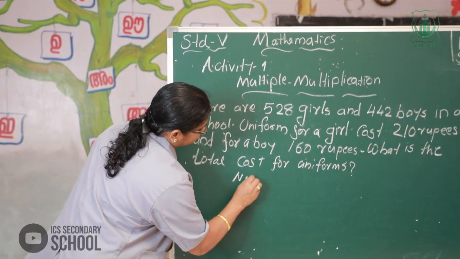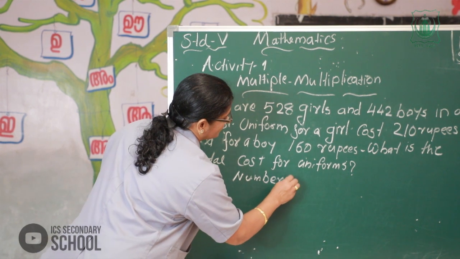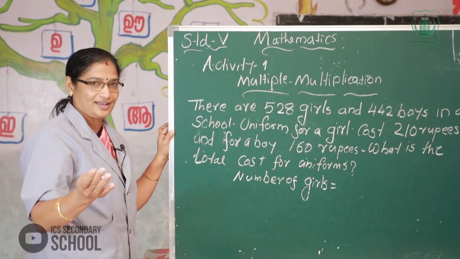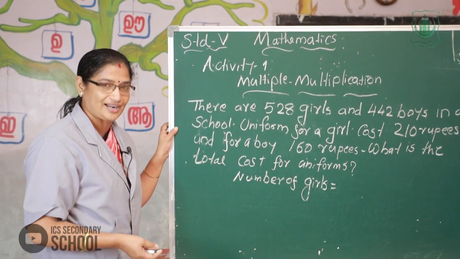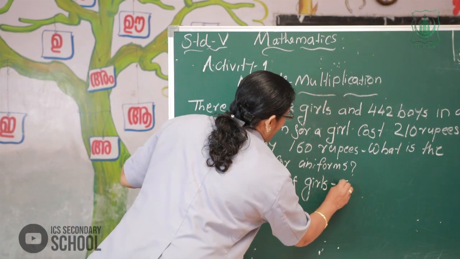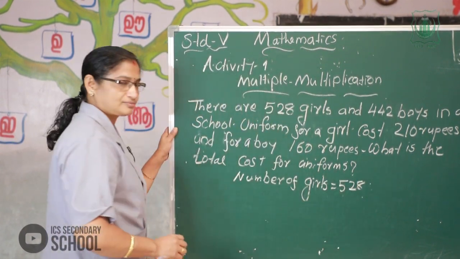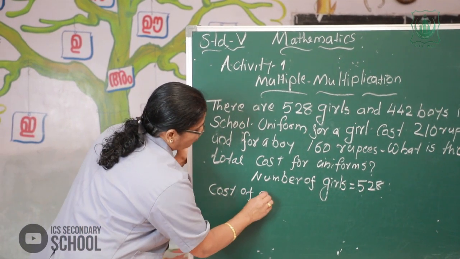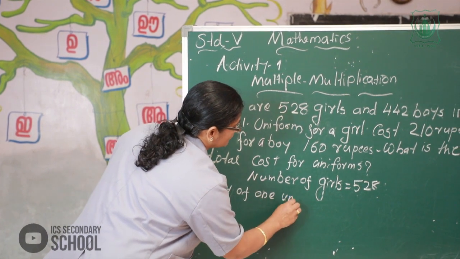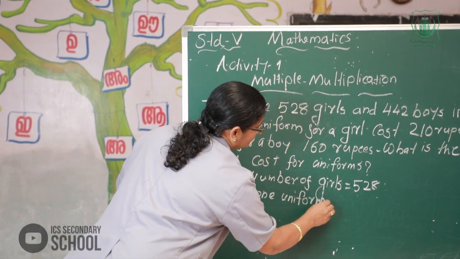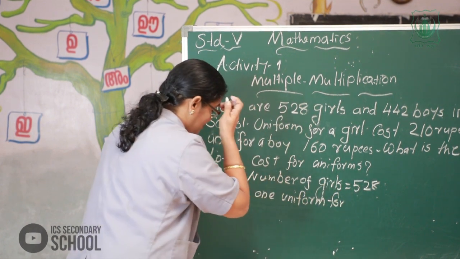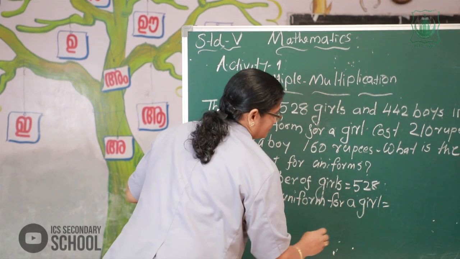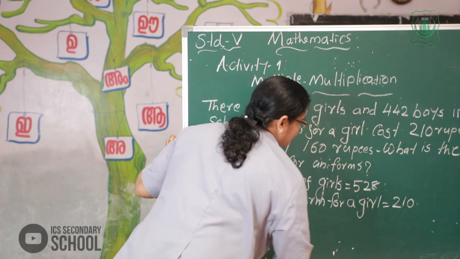Number of girls, say aloud, number of girls. Yeah, 528. Cost of one uniform for a girl, 210.